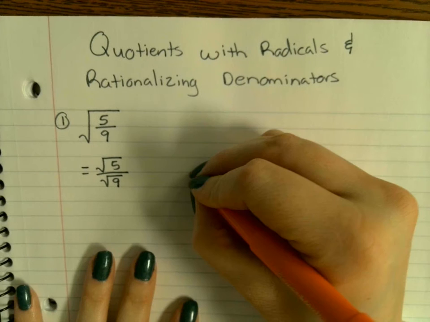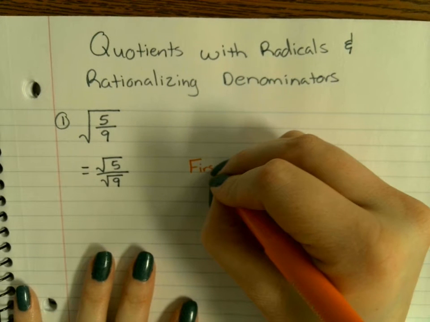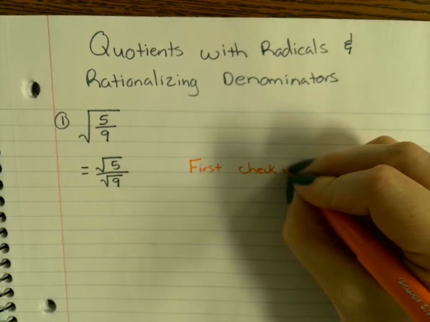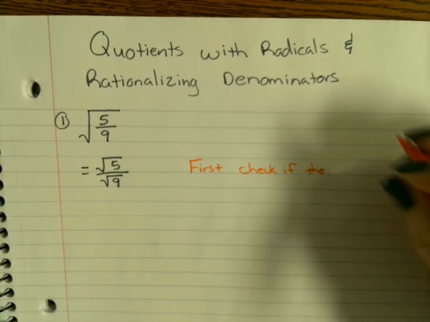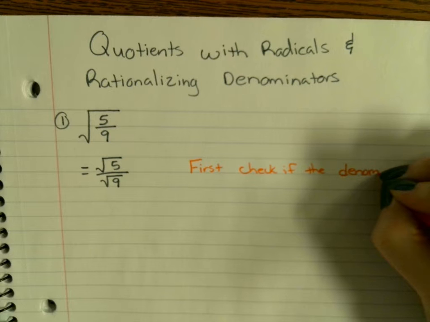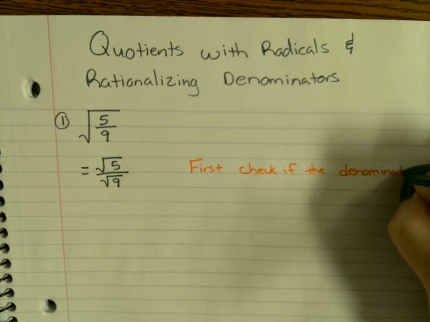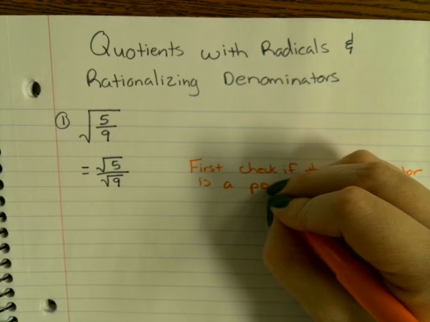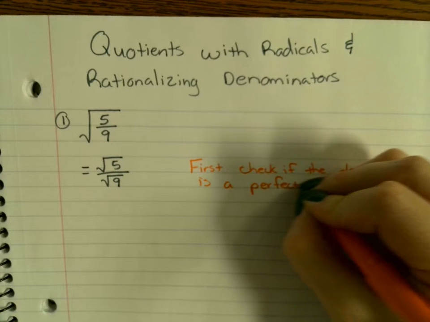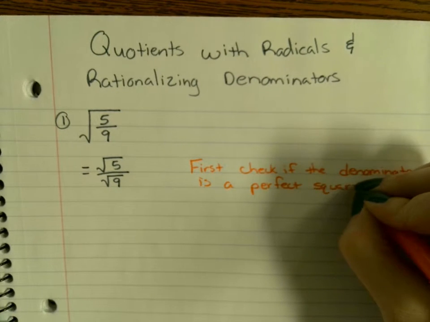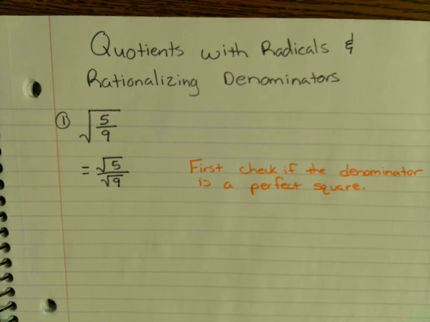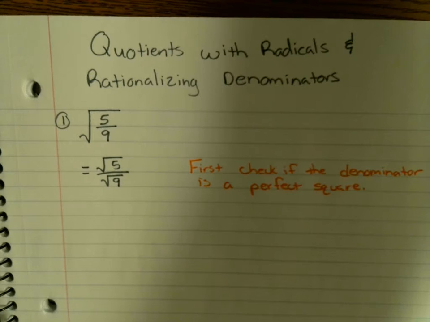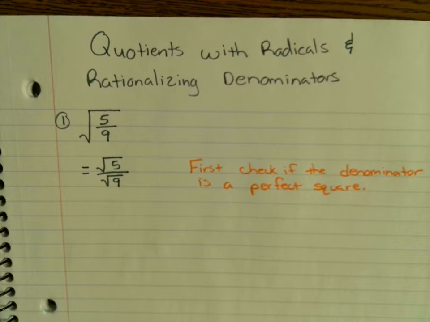You're first going to check if the denominator is a perfect square. So in this case, is the denominator a perfect square? Yes or no? Yes. Square root of 9 in this case is a perfect square.